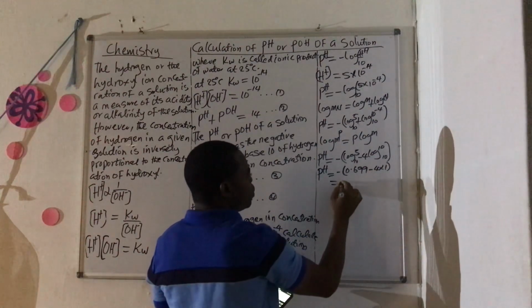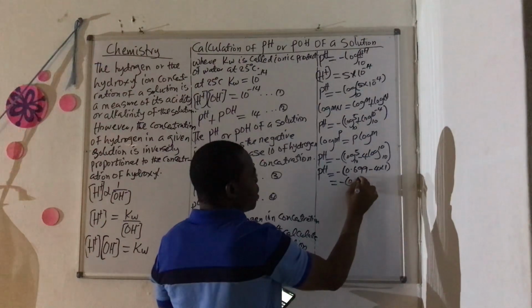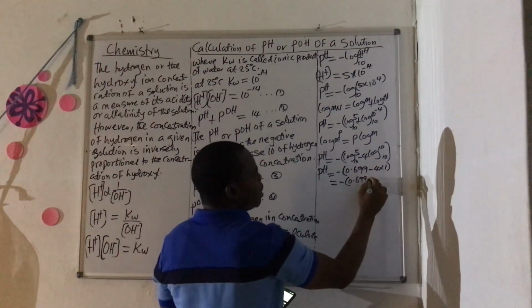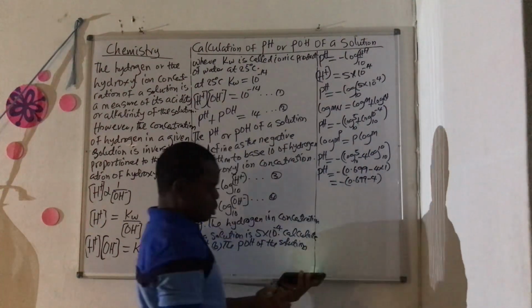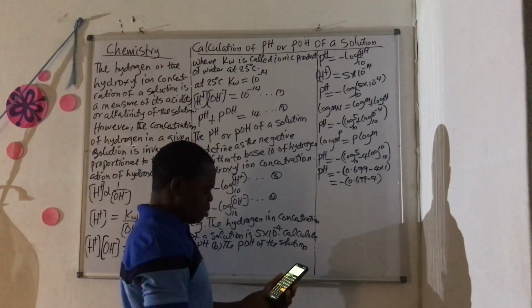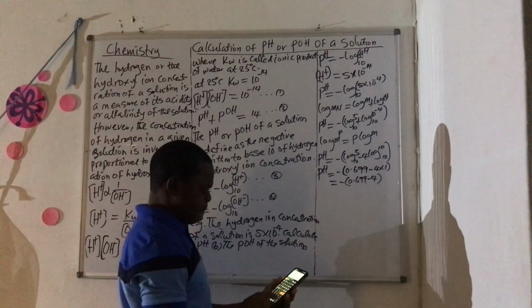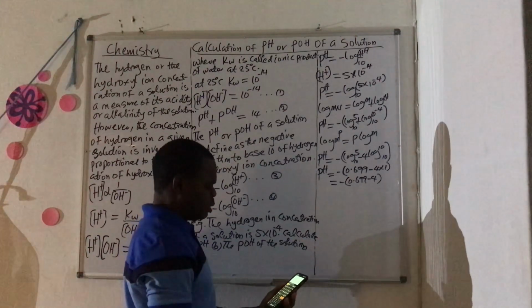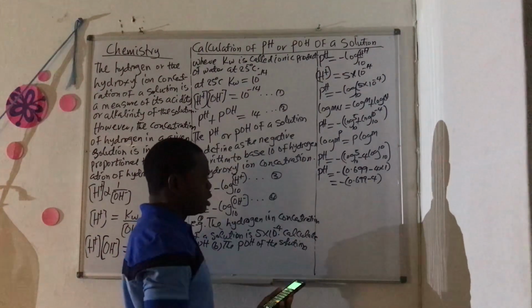The result is 0.699 minus 4, which gives minus 3.301.